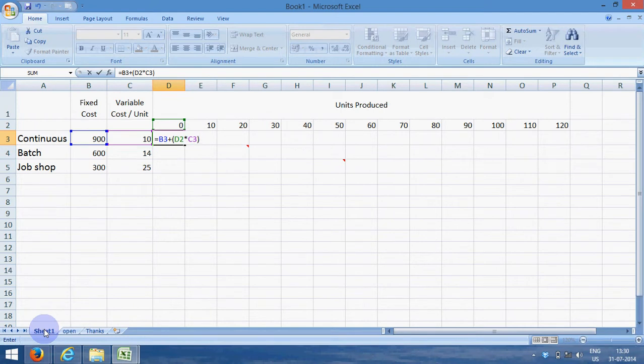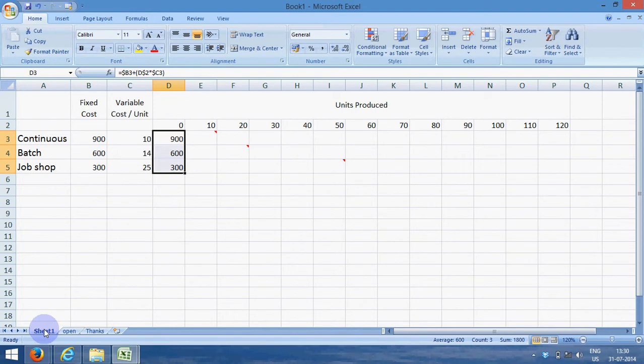Let me fix some cells, column C, row 2 and column B, so I can drag and copy the formula. Control C, I paste it. So obviously the cost is just the fixed cost, no units produced, so no variable costs.